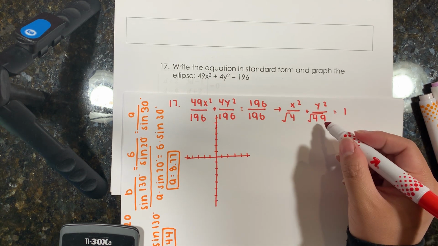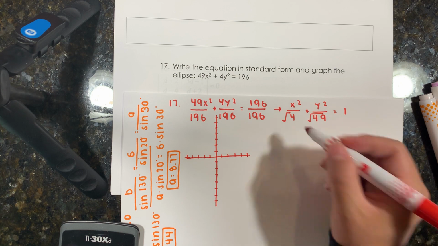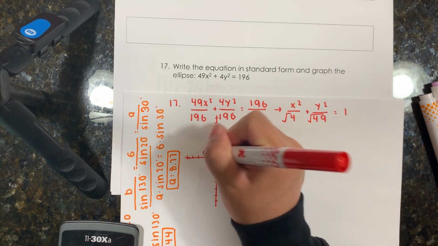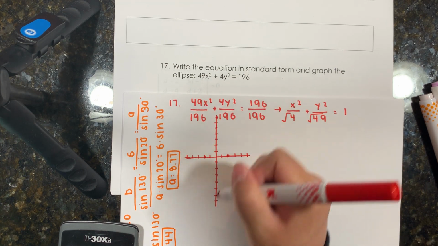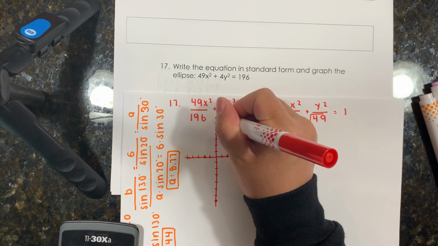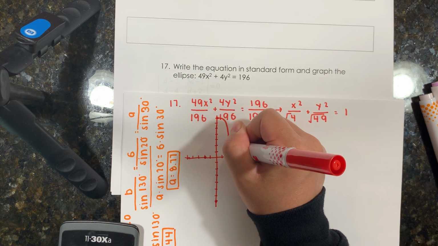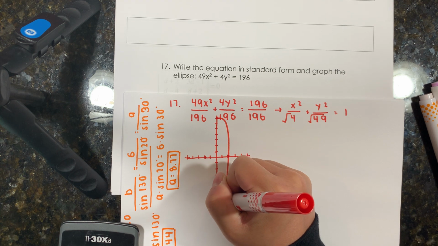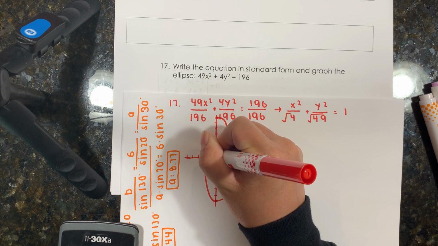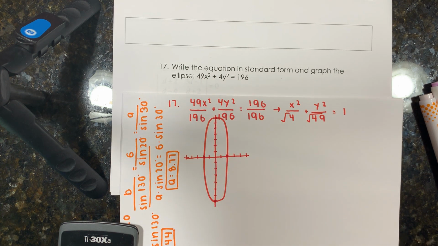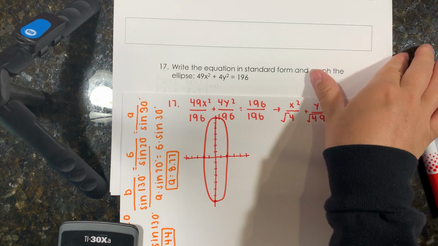Okay, so it's going to go 7 away on the y-axis and 2 away on the x-axis. So your ellipse is going to be a very, very skinny oval. And that is number 17.